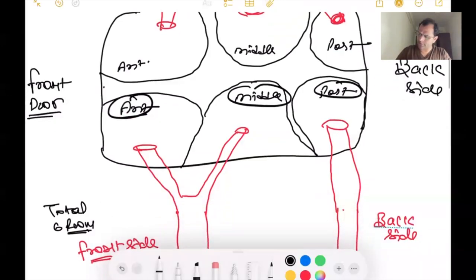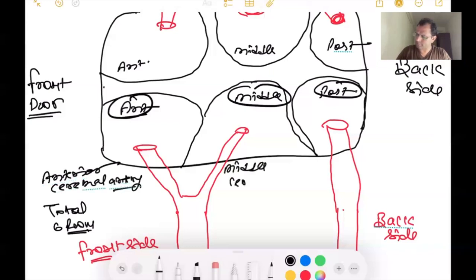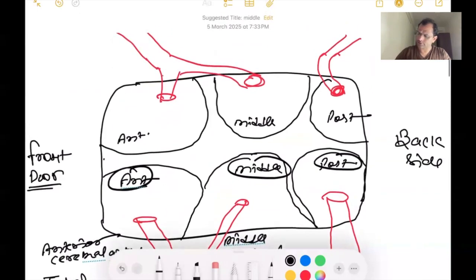The anterior part of the brain is having blood supply from the anterior cerebral artery. The middle part of the brain is having supply from the middle cerebral artery. Okay. Same on the other side. This is the anterior cerebral artery.